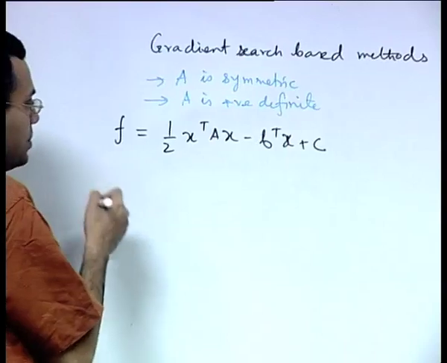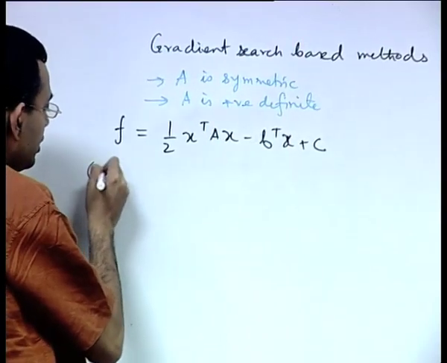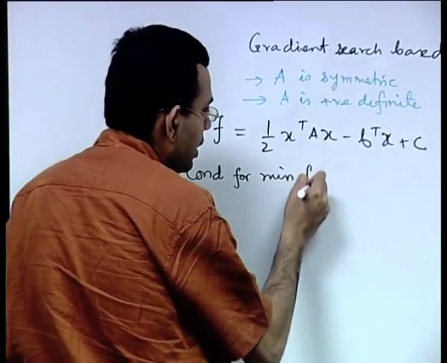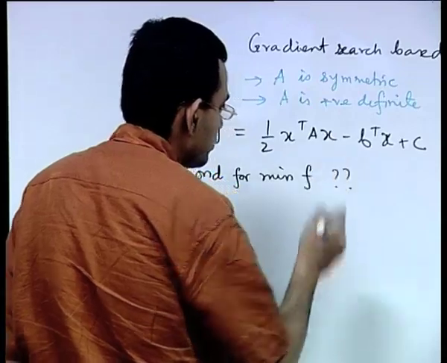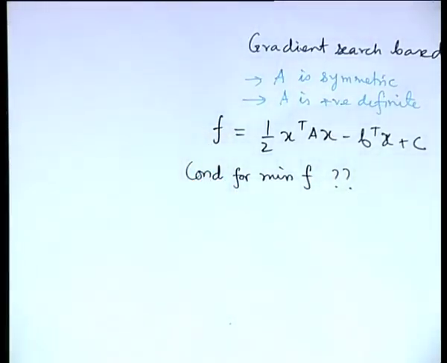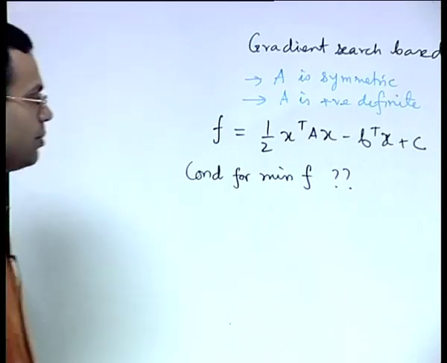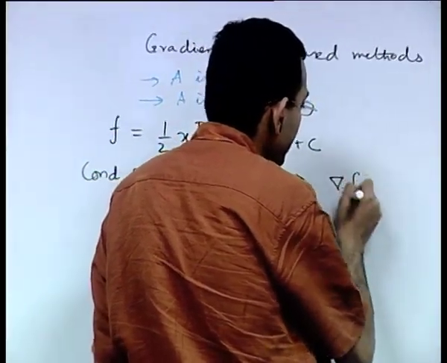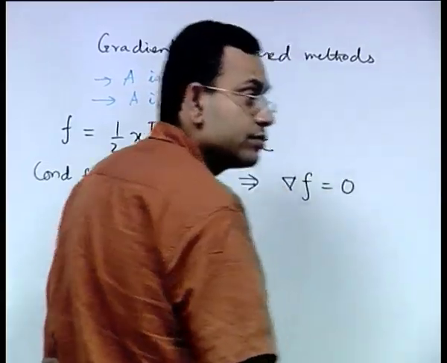The next objective is to find out the condition for minimum of f. So minimum of f implies that the gradient of f must be 0.